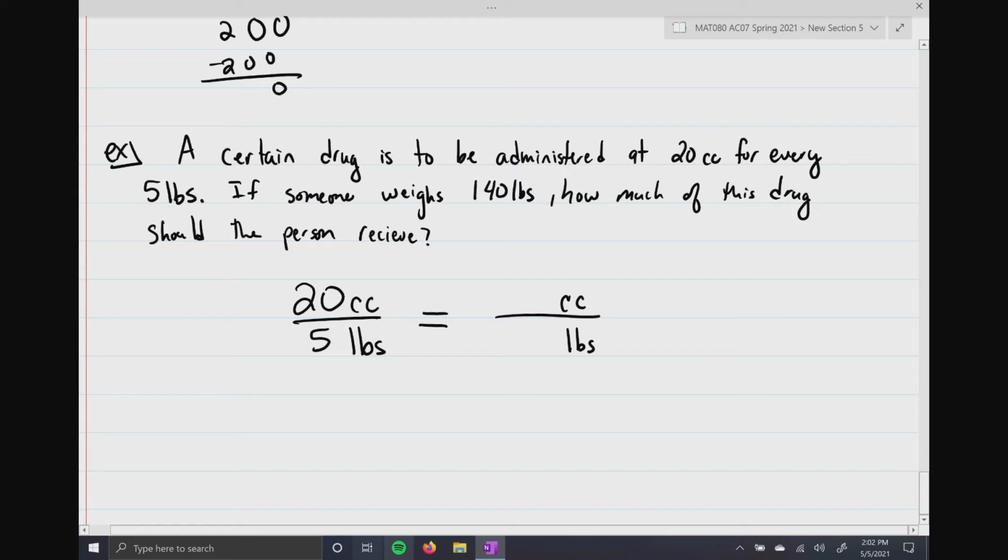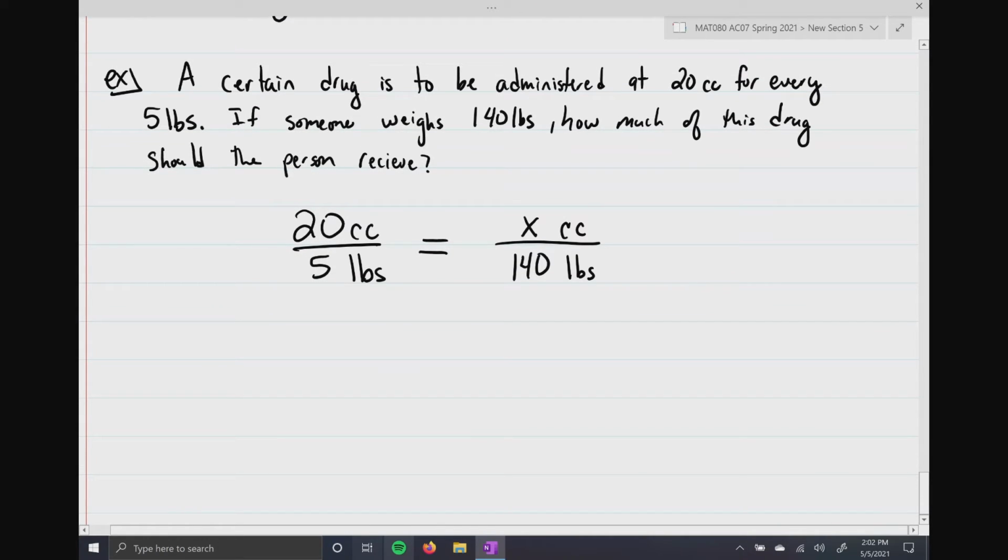The thing that I don't know in this second ratio is how many cc's of the drug I need to give, but what I do know is this person weighs 140 pounds. Now, if we just extract only the numbers, what we're going to have is 20 over 5 equals x over 140.